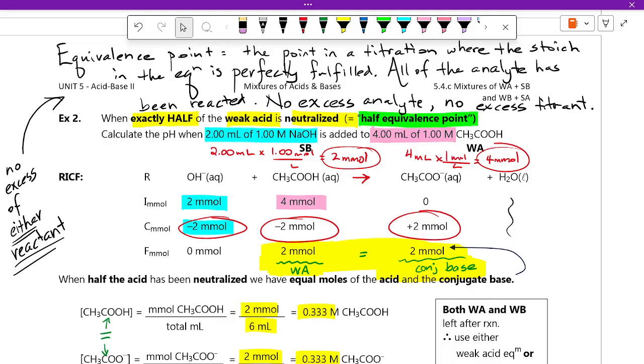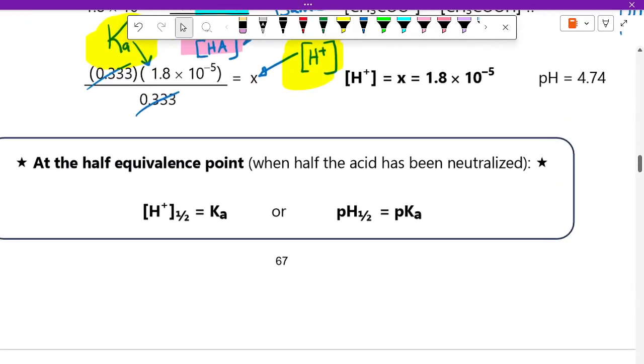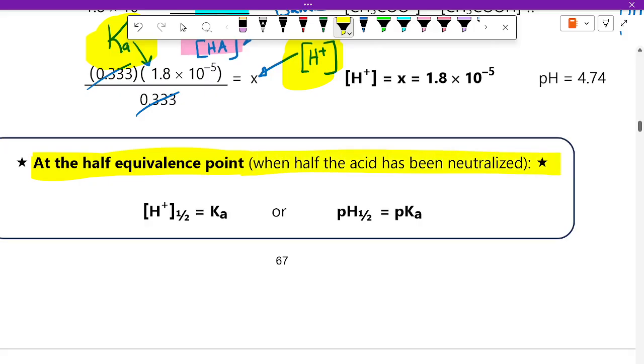Yes? So that's our half equivalence point, halfway to neutralization, when half the acid has been neutralized.